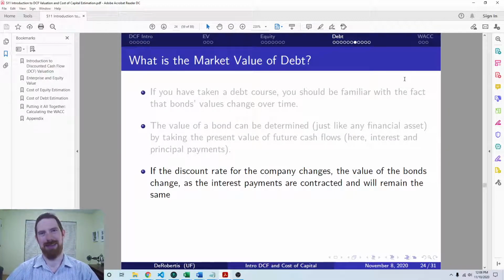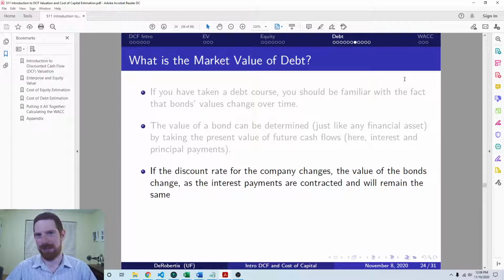But remember that when we take the present value of something, it's both the cash flows as well as the discount rate that affect the value. And with bonds, the interest coupon payments are contracted at the beginning of the life of the asset and remain in place for the entire life of the asset.